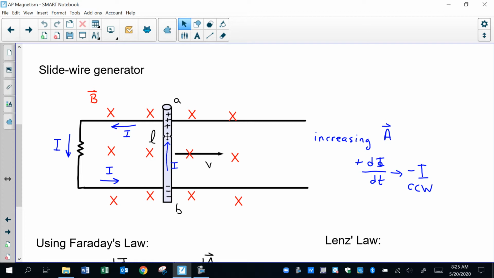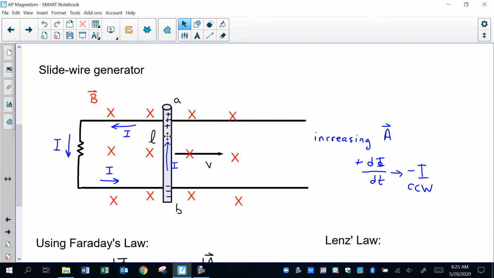Let's see if it makes sense using Faraday's law. Faraday's law says that our EMF is going to equal the negative rate of change. So basically, are we increasing or decreasing the flux? Which direction is our area? And let's use the equation.